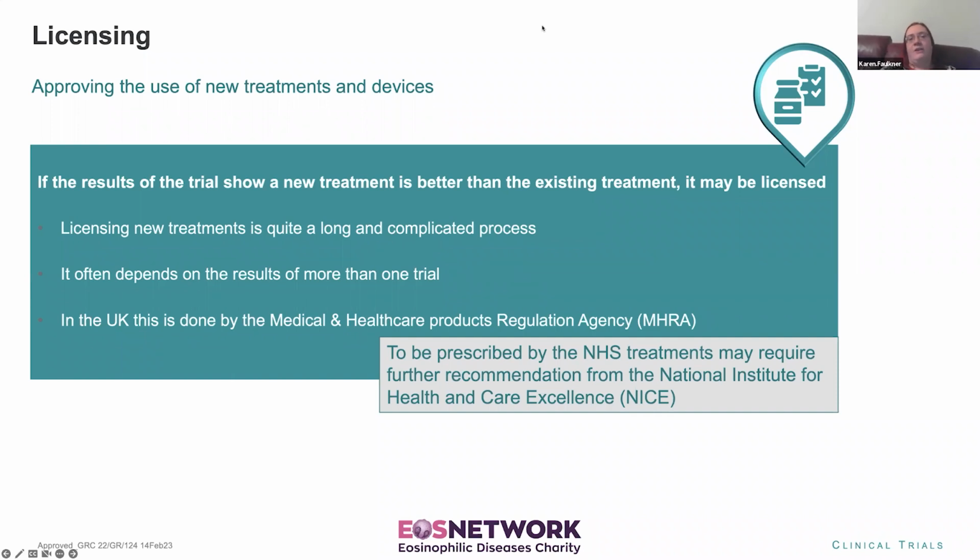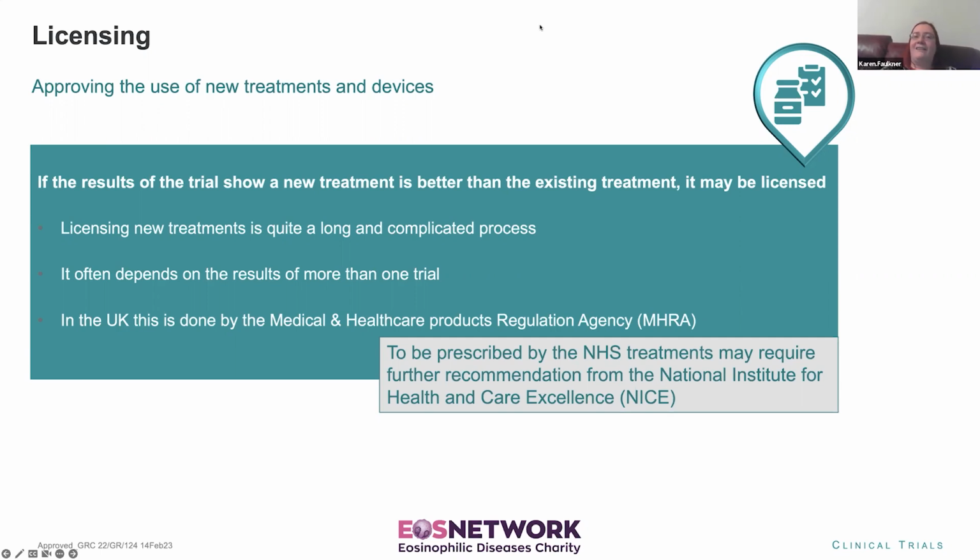And particularly for the UK, if a drug is to be prescribed by the NHS, then they have to look at further recommendation from NICE, so the National Institute for Health and Care Excellence. And they look at a multitude of factors, whether they think that that drug is beneficial for that particular population.